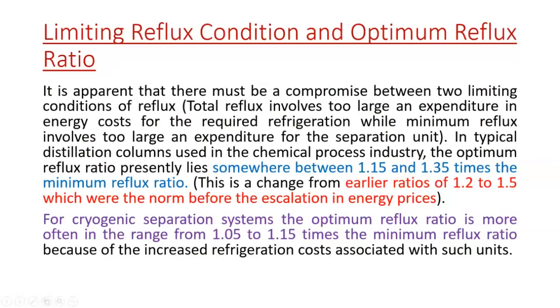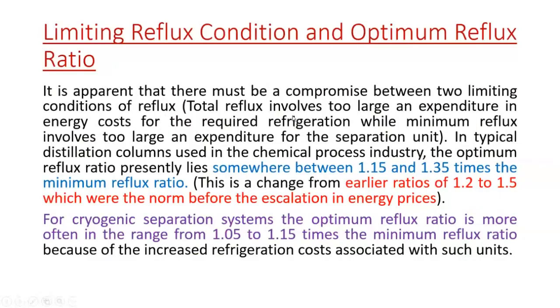Now, these are very important points to remember: limiting reflux conditions and optimum reflux ratio. It is apparent that there must be a compromise between the two limiting conditions of reflux.